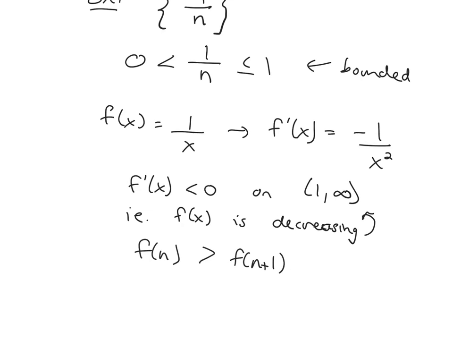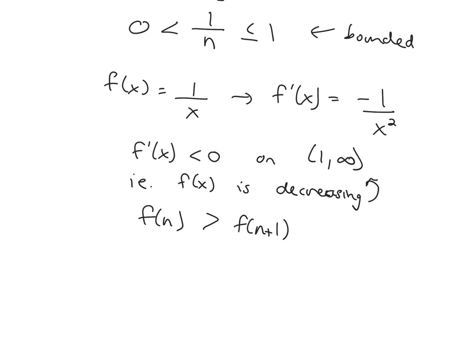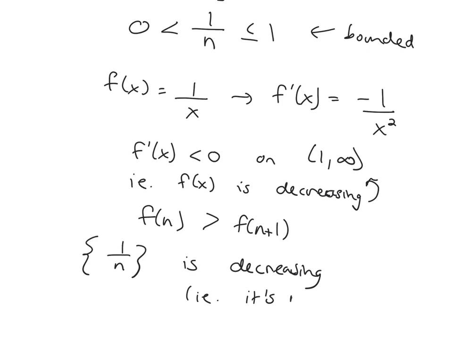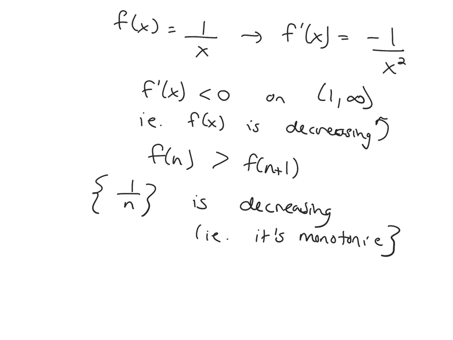As I mentioned, you could also show it's decreasing using inequalities. In this case, for this example, they're equally difficult, I think. You could do either one. Okay. So what we learned is the sequence 1 over n is decreasing, i.e. it's monotonic. I now have shown that this sequence is bounded and it's monotonic.